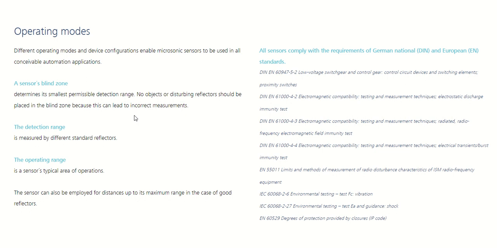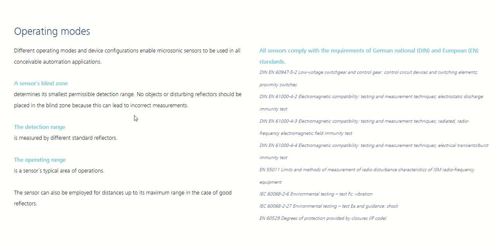The detection range of an ultrasonic sensor is measured with different standard reflectors, and it holds a very short range, only a few meters, so you cannot expect an ultrasonic sensor to serve a high range application.